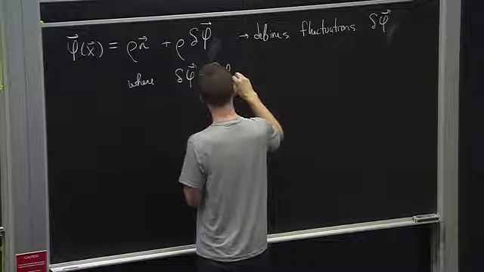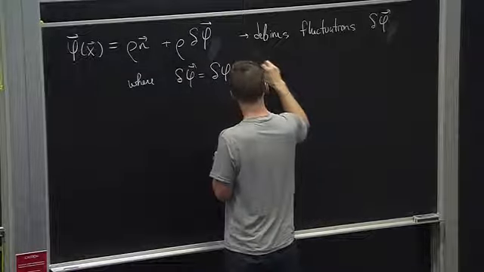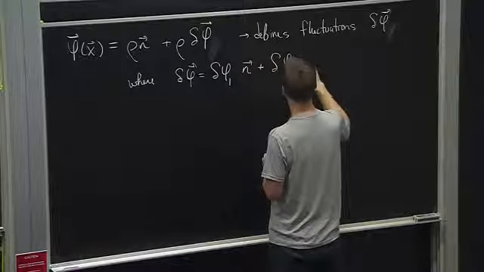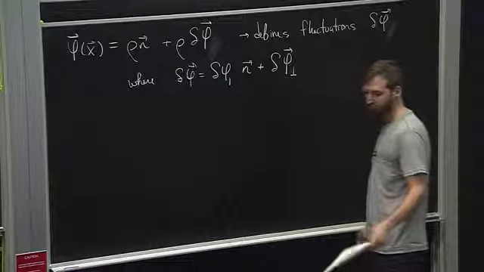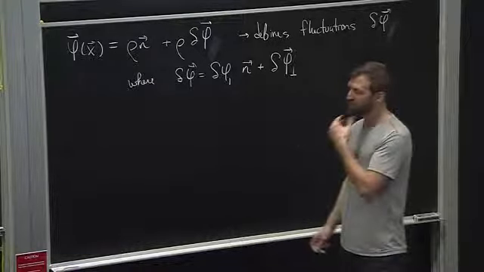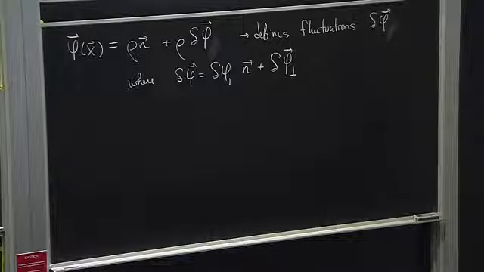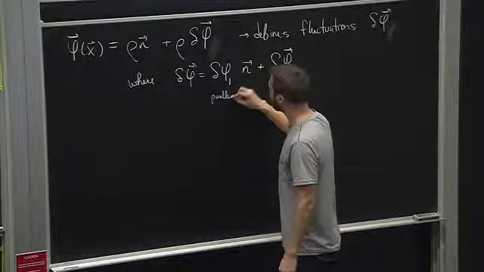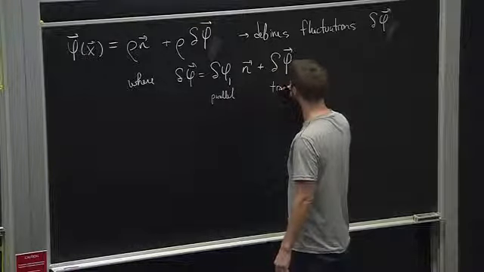And I'll have a 1 component plus the transverse component. So that allows me to reduce the magnitude of that 1 over there. So this is parallel. This is transverse.